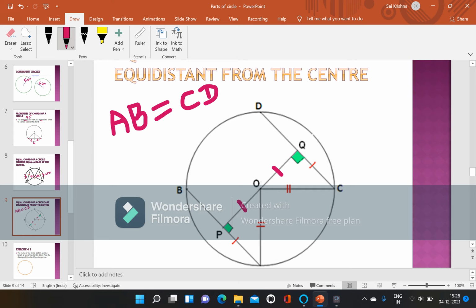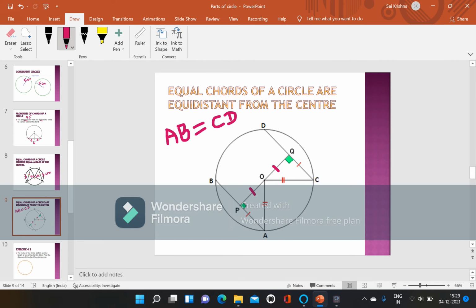If 2 parts of a triangle are equal, then obviously the third side will be equal. So OP will be equal to OQ. This shows that the 2 chords which are equal in length have equal distance from the center. So this is the third property: equal chords of a circle are equidistant from the center.